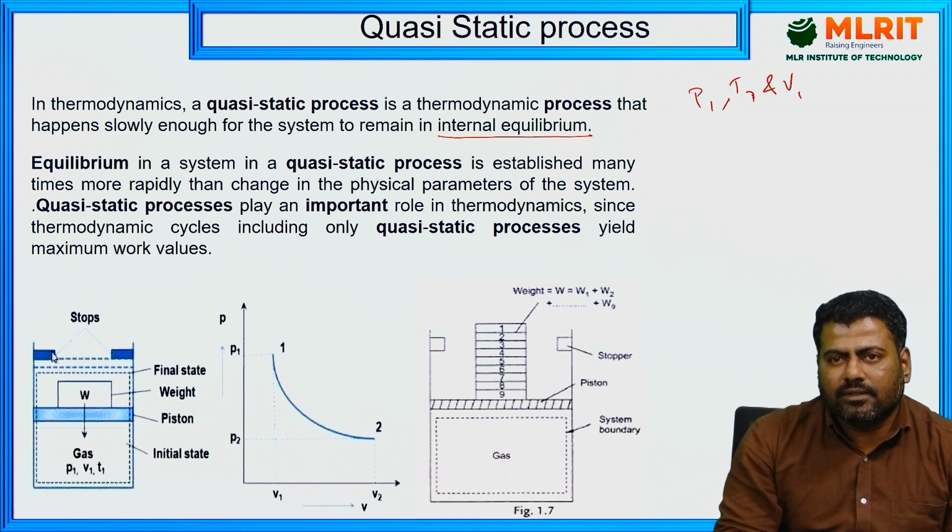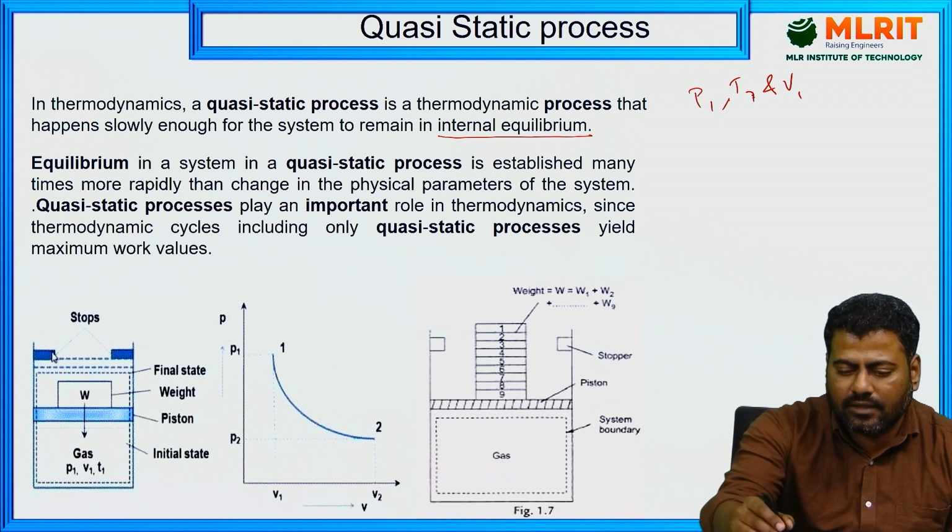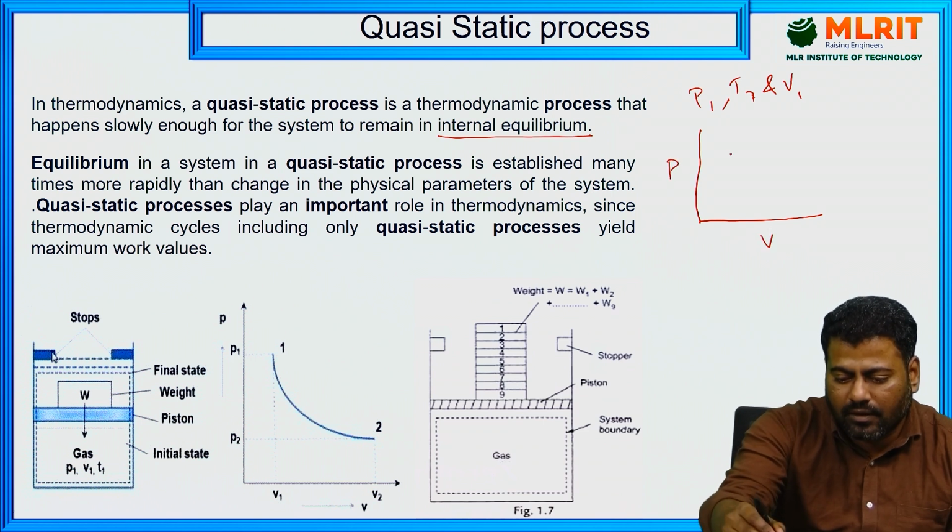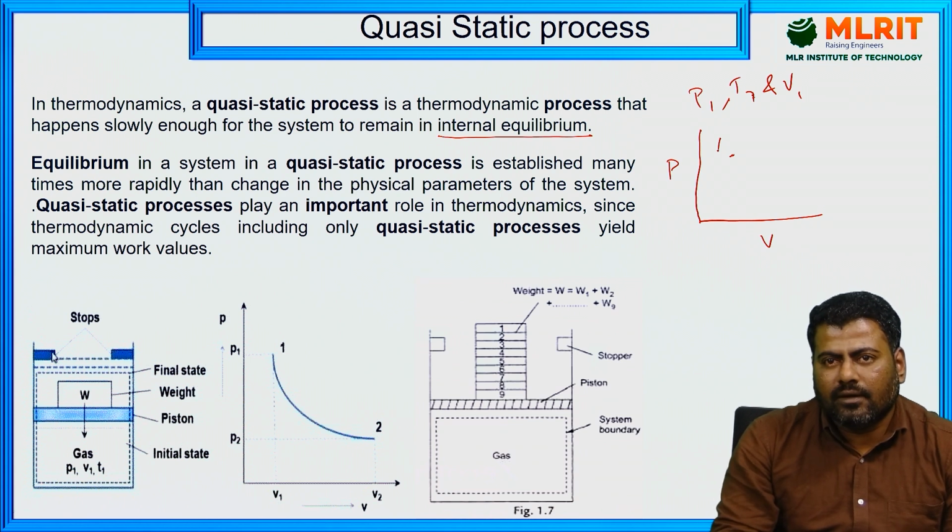This is what we call the initial state. In the PV diagram, I can plot P1 and T1 here. This is before starting the process, the initial state.